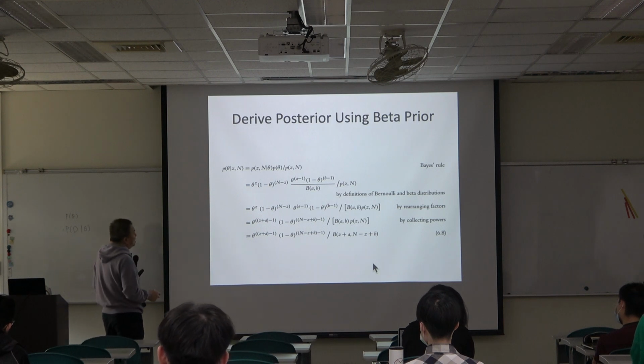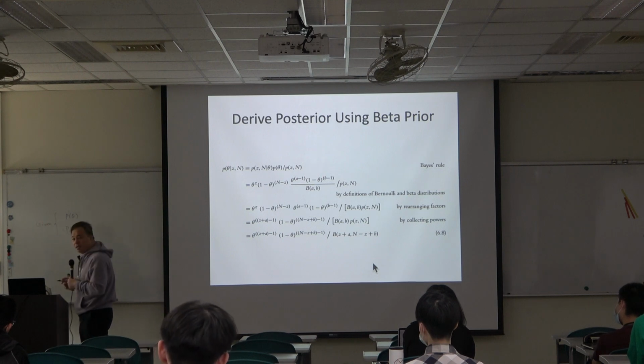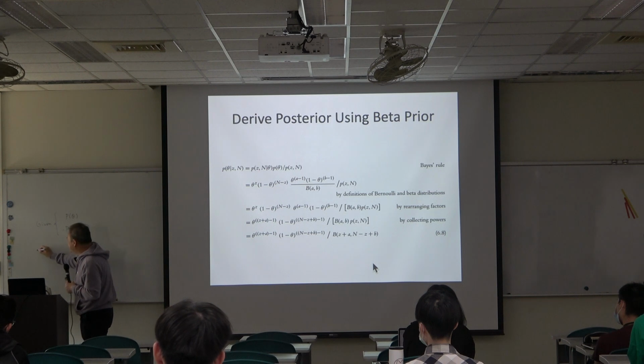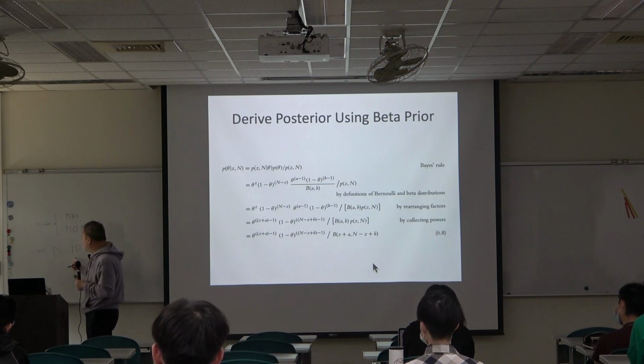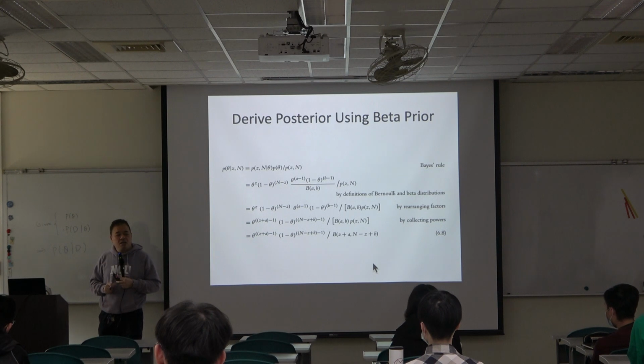These two things are given. What we want to derive is, given the collected data, what is a plausible distribution for theta? This is what we want to get, right?